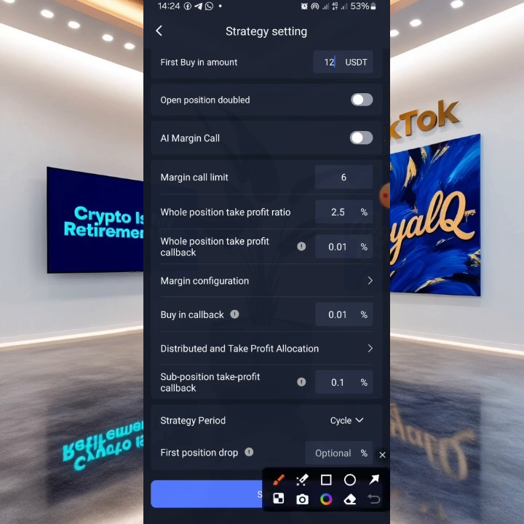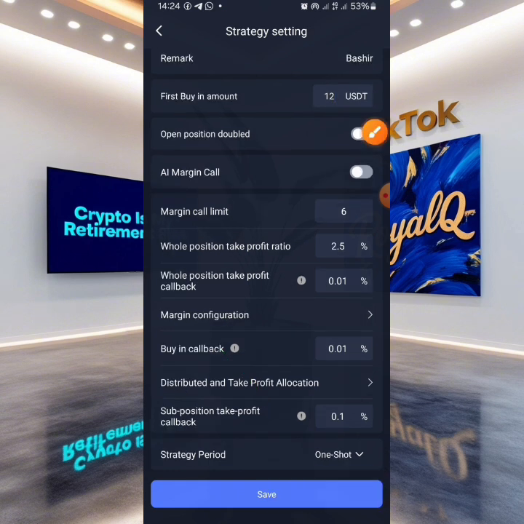So we have two strategy periods in Royalq. You have this cycle, where it keeps on buying and selling over and over again until you stop it. Then for one shot, it will buy and sell, then it will close all your positions until you come back and instruct it to buy again.